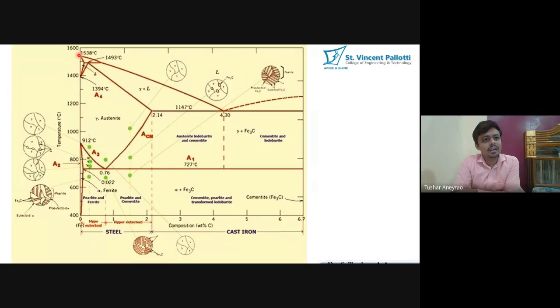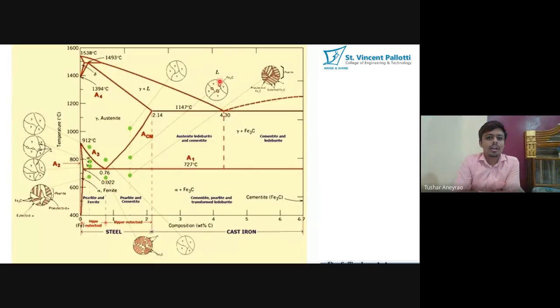Then this diagram ends at 1538, and at 4.3 the eutectic reaction, at 0.76 the eutectoid reaction, and at 1493 the peritectic reaction is happening. So you should keep these things in mind. Try to draw only these things in the next diagram, and then draw all other things by seeing it. Please do not leave out the other things.